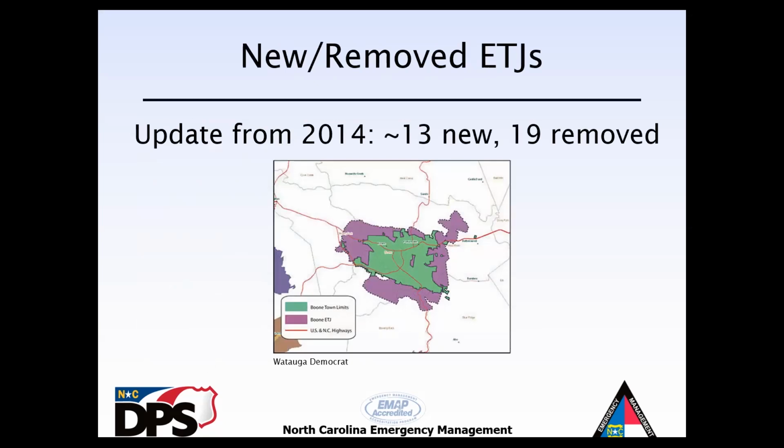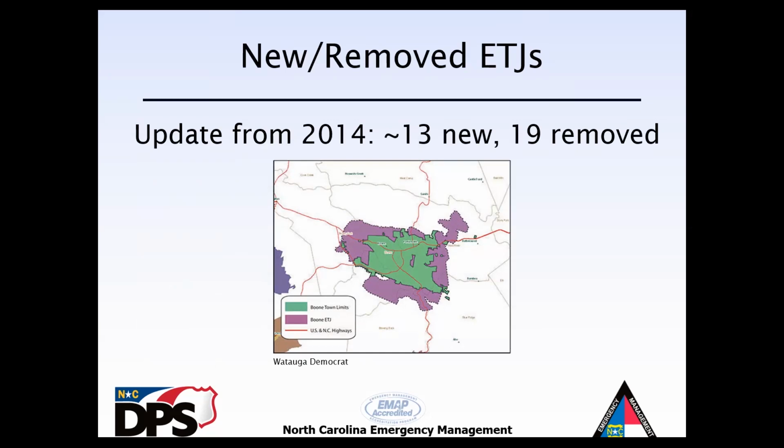Now, as I was putting this together, I tried to verify if there were any ETJs that might have been added or removed. So for example, we have this map here in the middle. Since the 2014 data set was released, the ETJ surrounding the town of Boone has been removed.